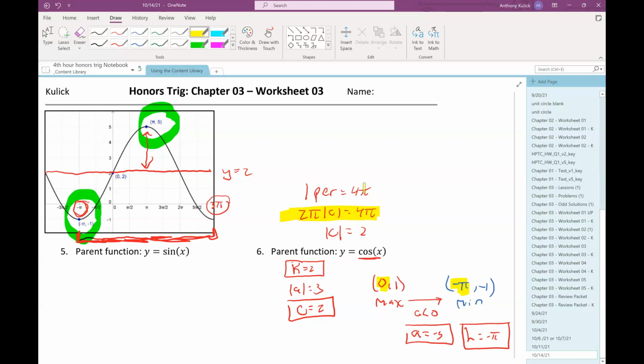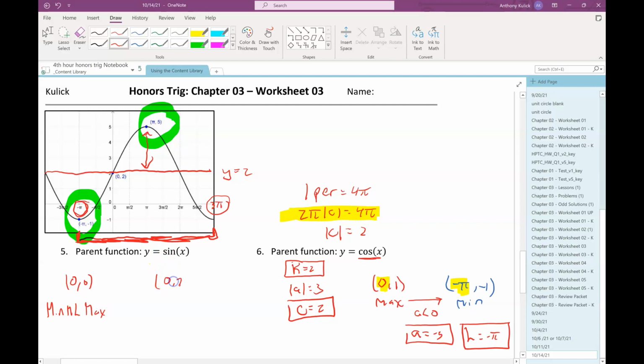You're welcome. Natalie. It's kind of a stupid question, but it's okay. Number 5, would the A value be positive or negative? Well, let's look at this one. We would use 0, 0.